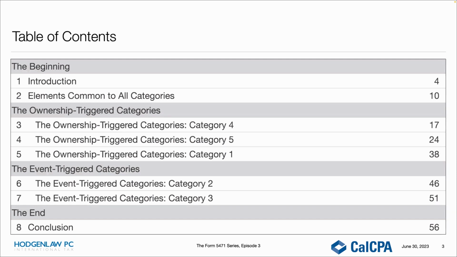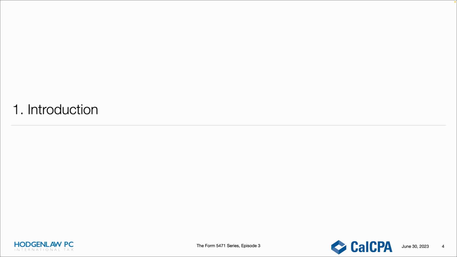You have to file Form 5471 because something happened, an event. And I'm going to talk about it in that sequence. And you'll notice that they're all higgledy-piggledy out of order, because that seemed to me the easiest way to deal with them. And it works well with my workflow in terms of trying to solve a problem. And so I'll show you why. I hope you agree. If you don't agree, tell me an easier way to do the job, because I'm always looking for easier ways to do things. So let's start.